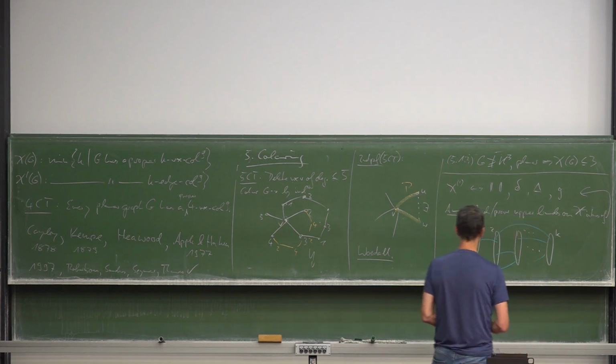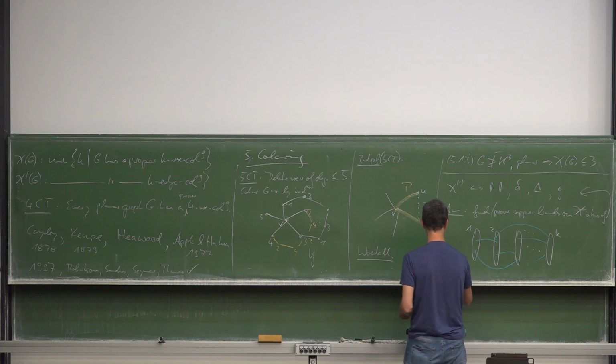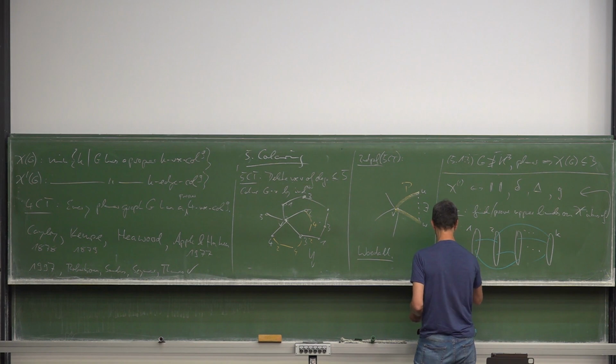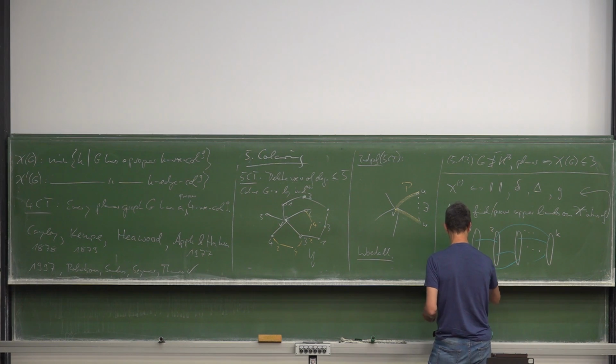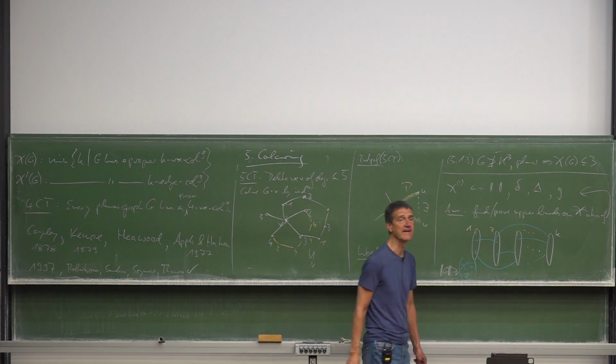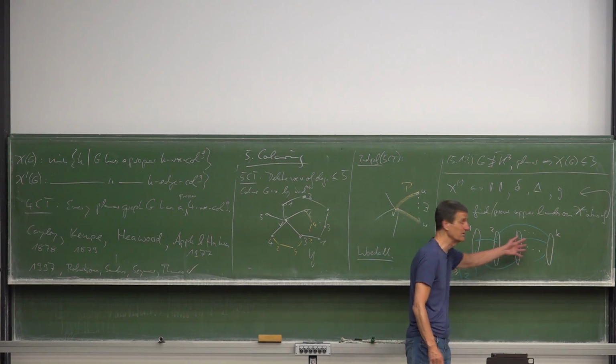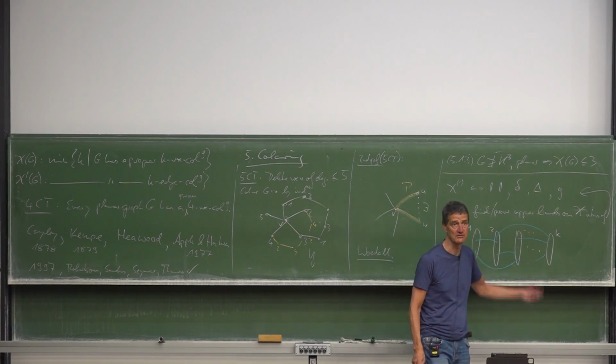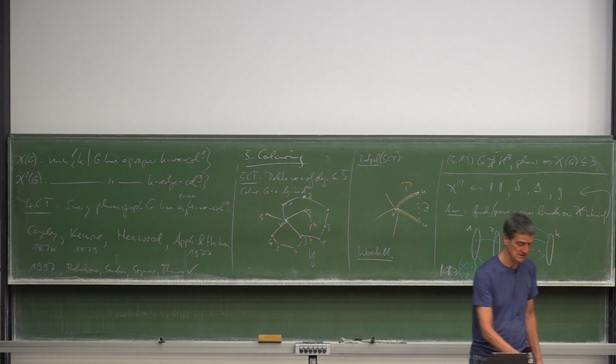So this means that G has at least, well, how many? Chromatic number of G choose 2, K choose 2 edges. Right? I mean, very, very crudely, one between every two classes.